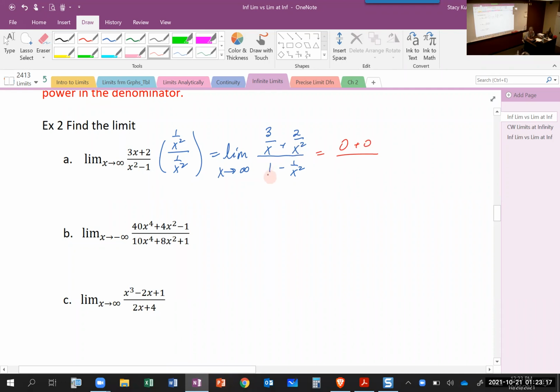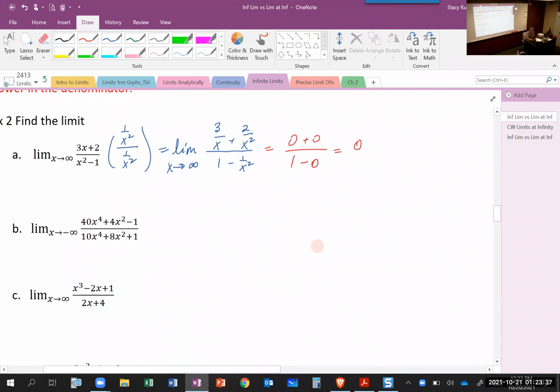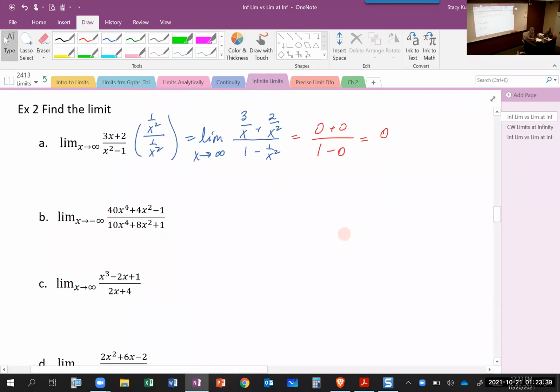In the denominator, I have 1 in the first term, minus 0. So 0 over 1 would just be 0. In other words, the limit, as x approaches infinity, is just 0. That's the idea behind a rational function. You're going to multiply top and bottom by the highest power there.